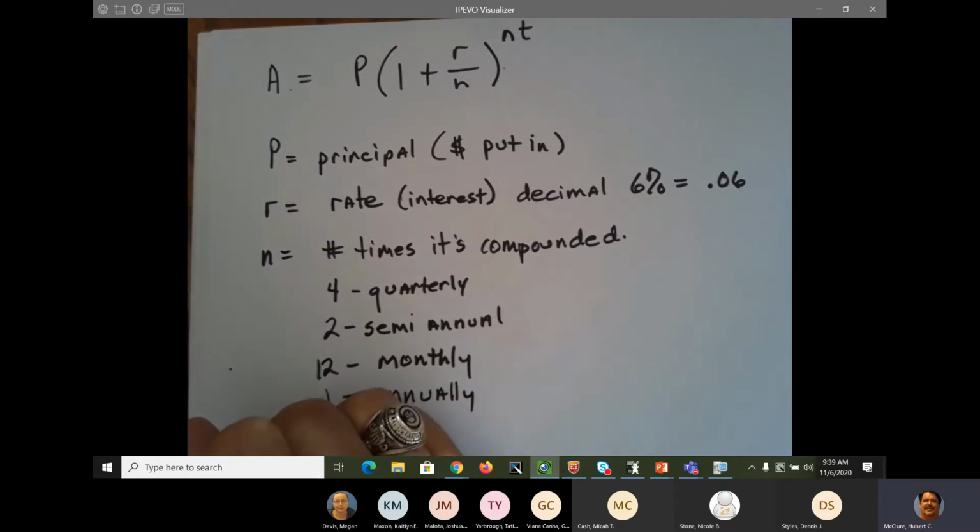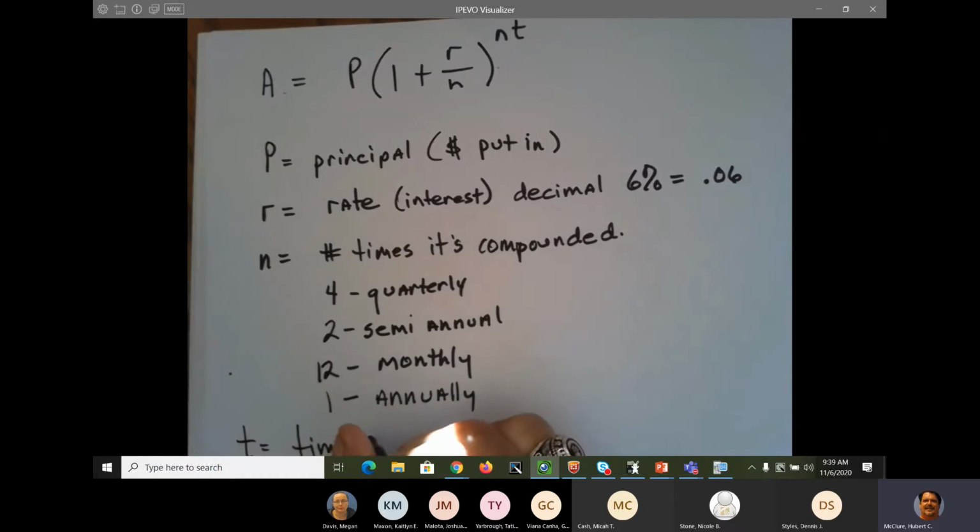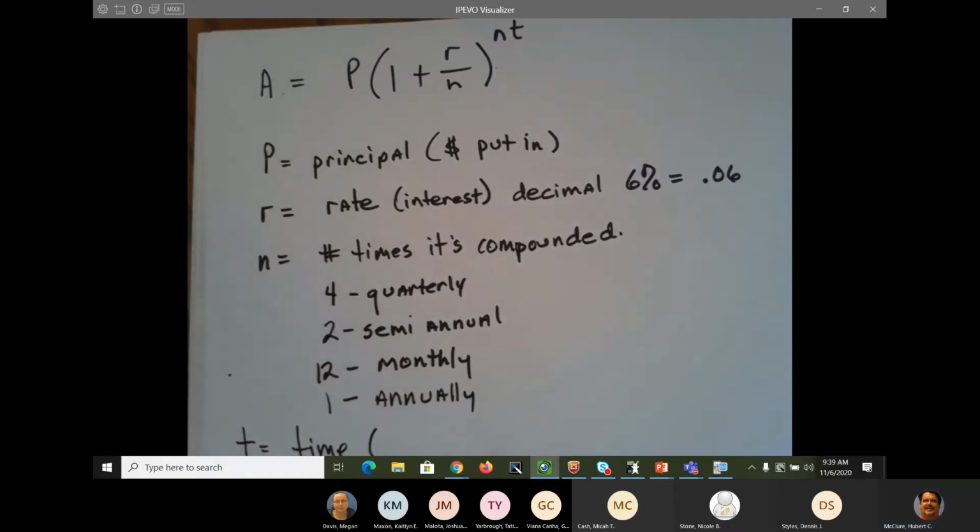And then T is the time, always, and I'm putting this in red, that means something. Always in what? Years.